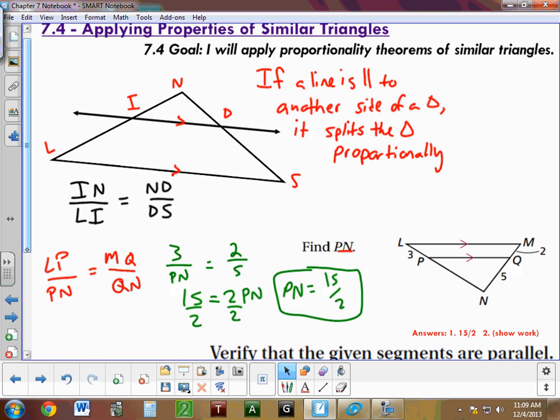So this property is actually a biconditional. So I should put a little note that it's a biconditional. Meaning that it works the other way around. So if you have a line that splits the triangle proportionally, then you know that the lines are going to be parallel.